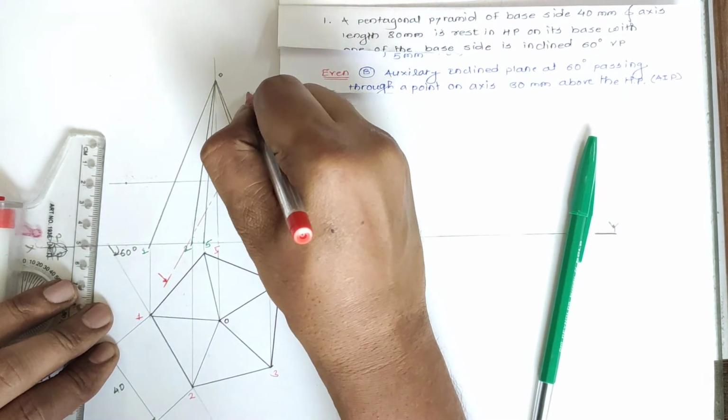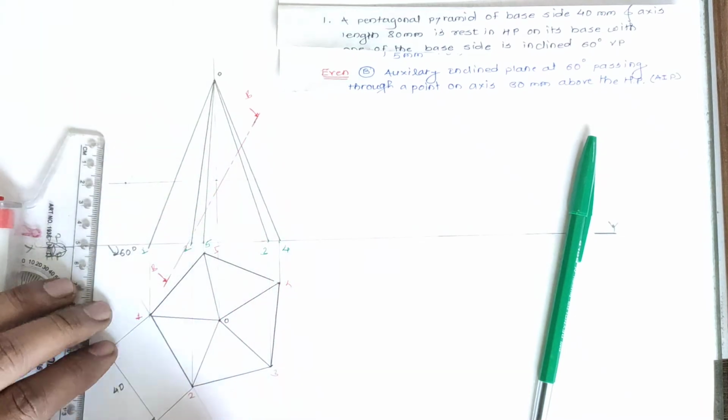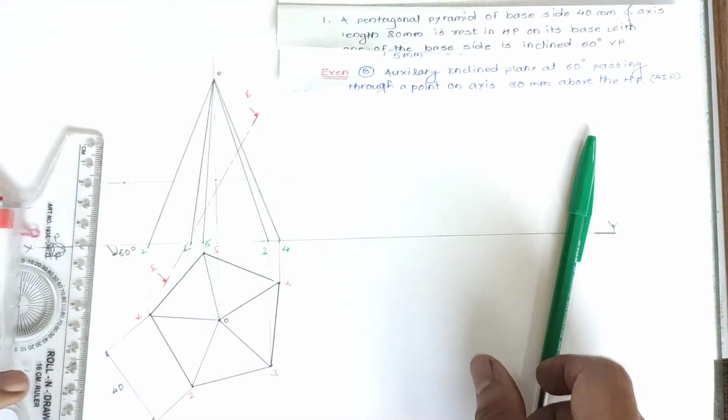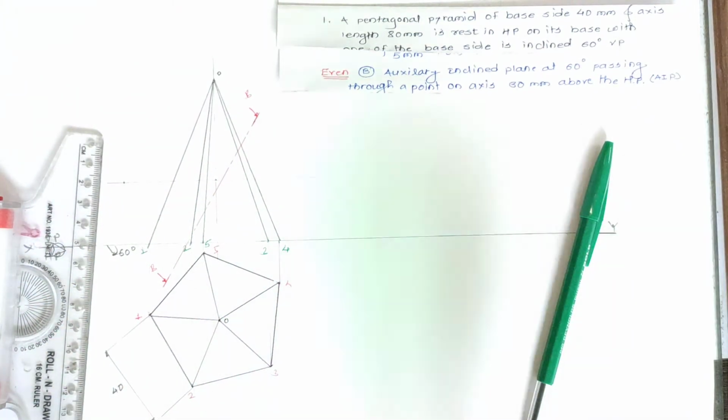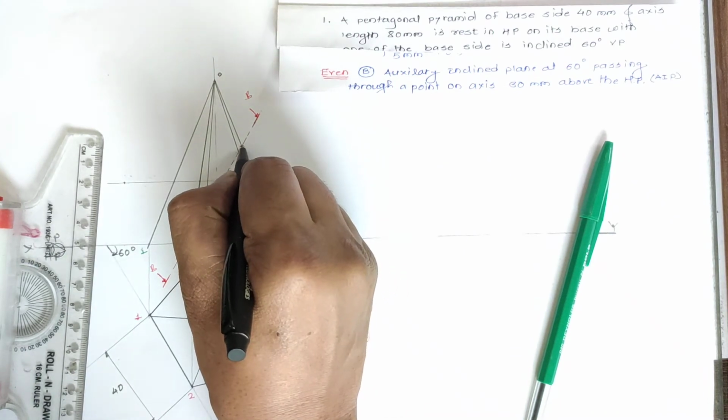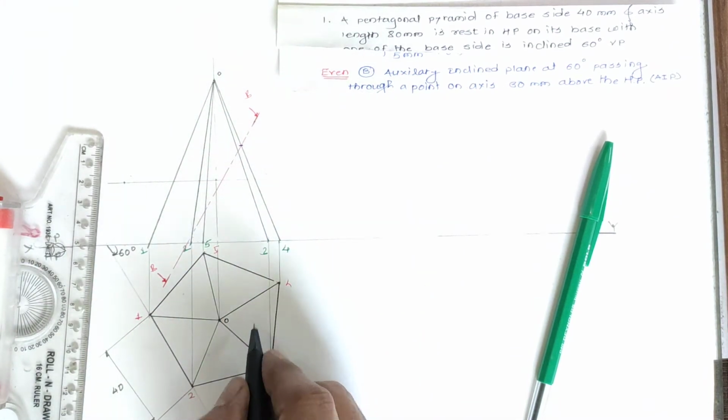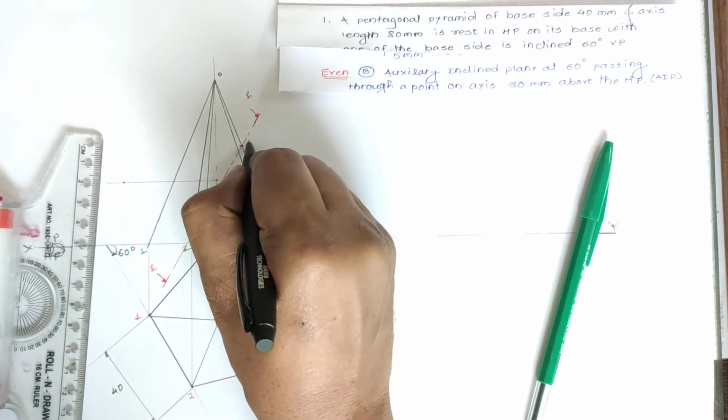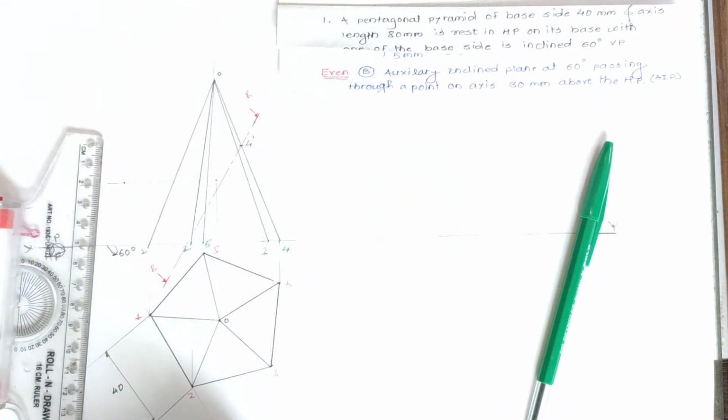This section plane we call the BB section plane. The point where slant edge O4 is cut by the cutting plane, we can call 4 dash.